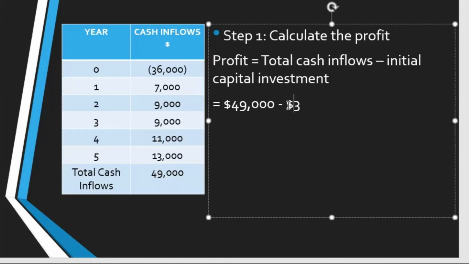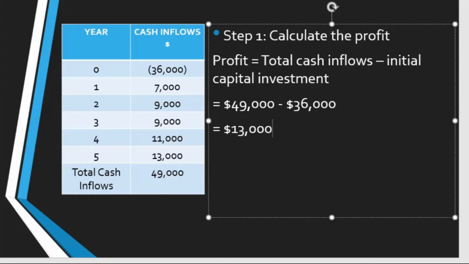So what we will have here then is that the profit will be equal to 49,000 minus 36,000. So the profit will be equal to $13,000.